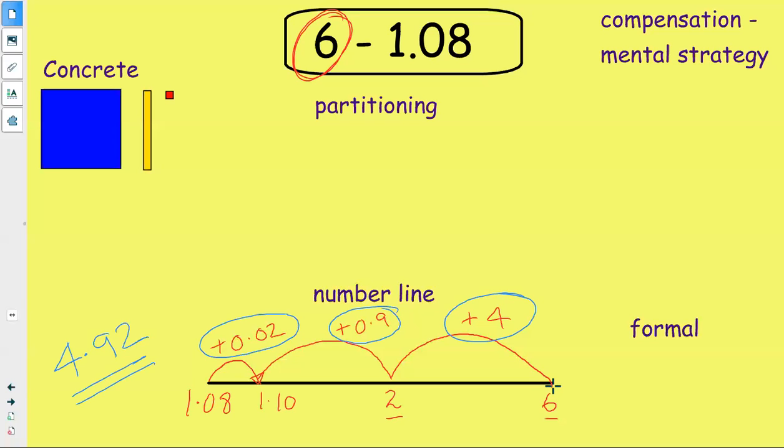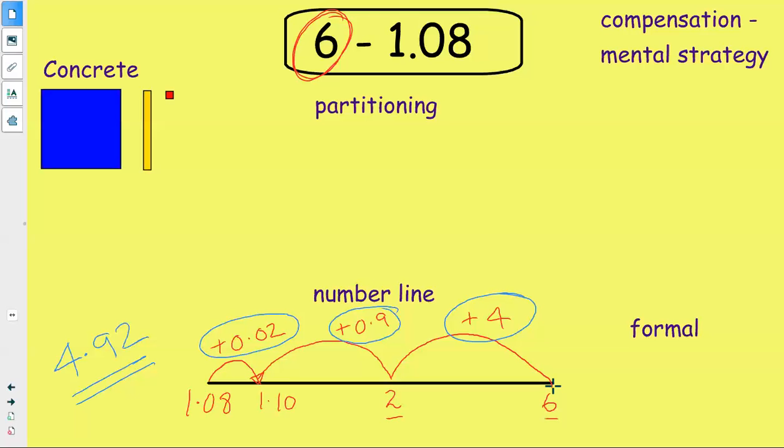Thinking about this as well, these types of questions often come up when they're related to money. It's perhaps you've started off with a £5 note and you go out and you buy something that costs £2.36. How much have you got left over? So I think the number line is a really, really nice way of doing it.